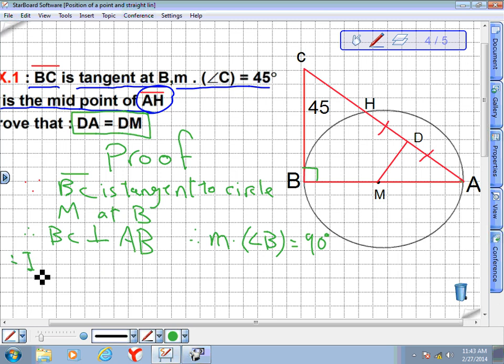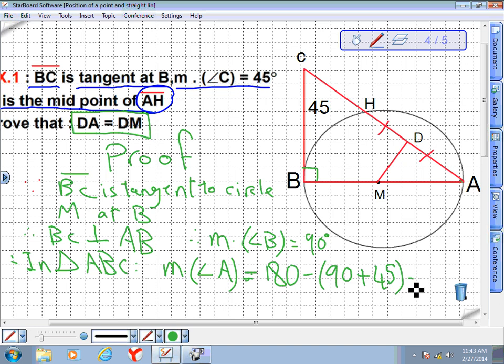Therefore in triangle ABC, measure angle A equals 180 minus (90 plus 45) equals 45 degrees.